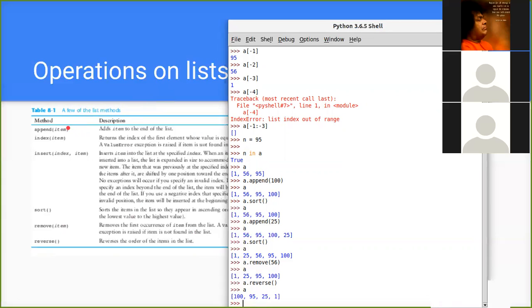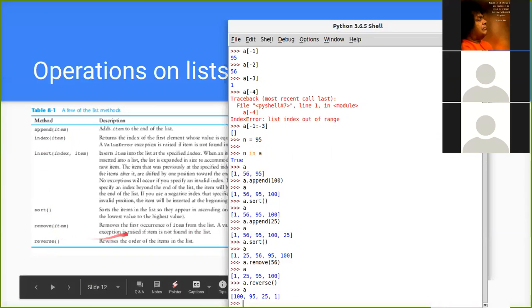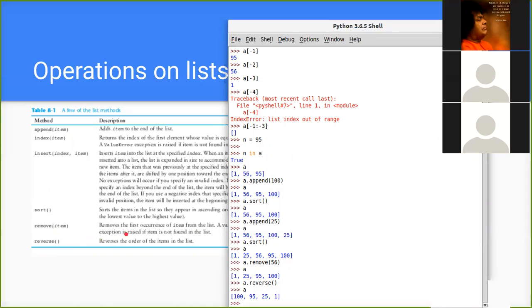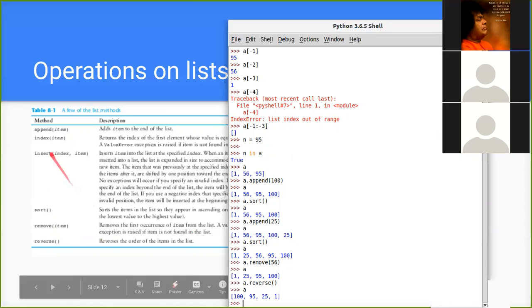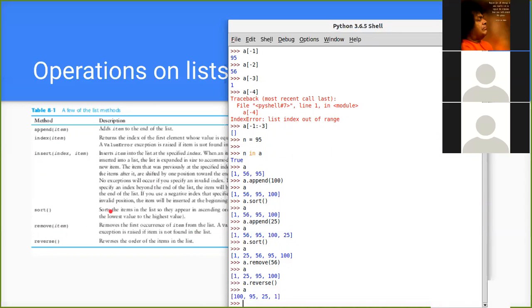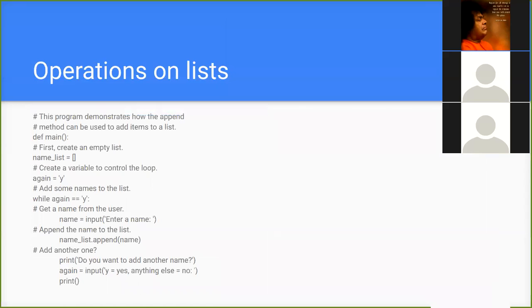Append in basic English would mean to add something. Index would mean to return the index, and then insert, sort, remove, reverse. All these are basic English words that you can understand, but you need to know these operations in order to change your list.